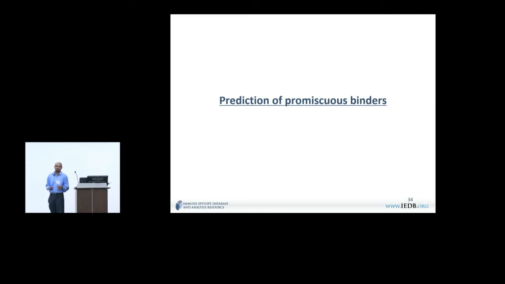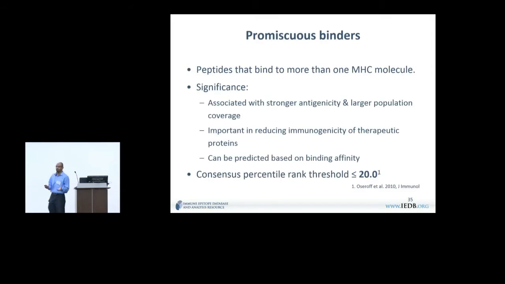You can use the same tool and find promiscuous binders from here. So what are promiscuous binders? These are peptides that can bind with more than one allele. Most peptides can bind with more than one allele, and what's the significance? It is found to be associated with stronger antigenicity, and since it can bind with many more alleles, it can have wider population coverage.